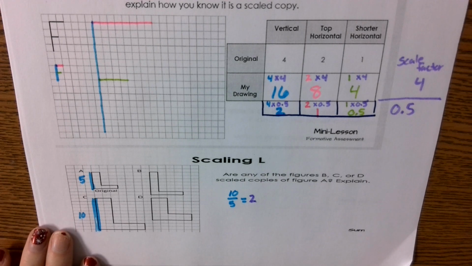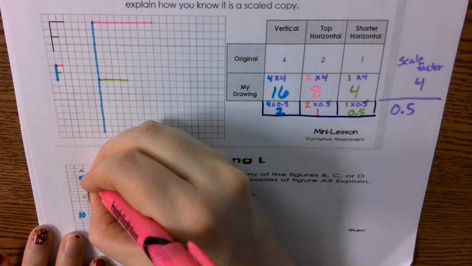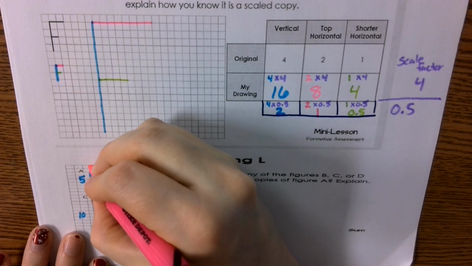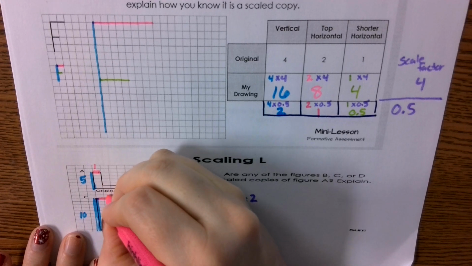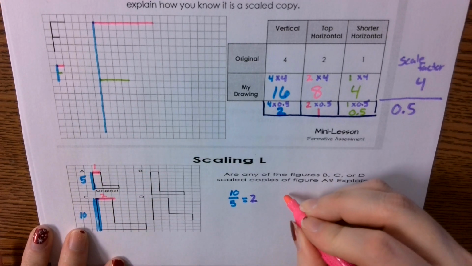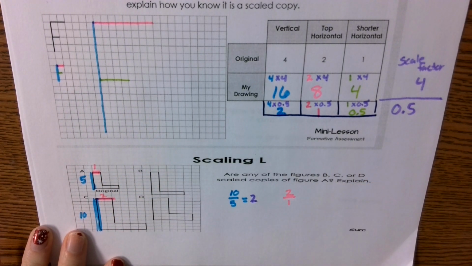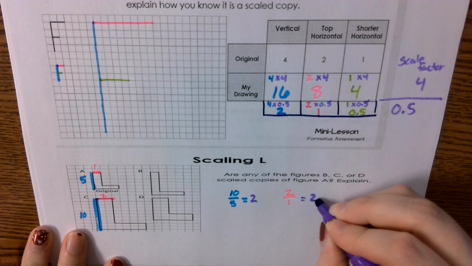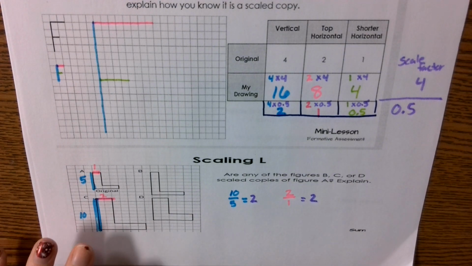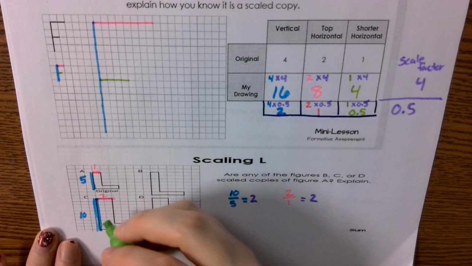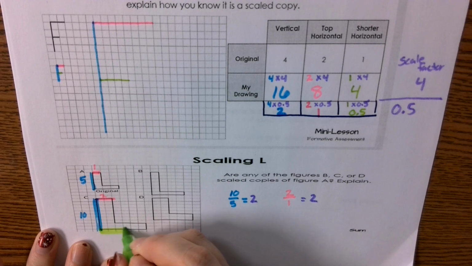Okay, if we pick another measurement on here, let's take a look at this top measurement. This top measurement is a box of 1, whereas for C, it's a box of 2. Again, if we take 2 and divide it by the 1, that's going to give us 2. We'll take a look at this bottom measurement here.